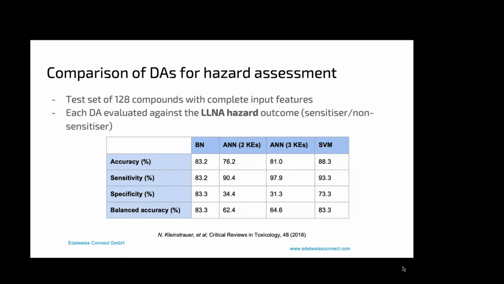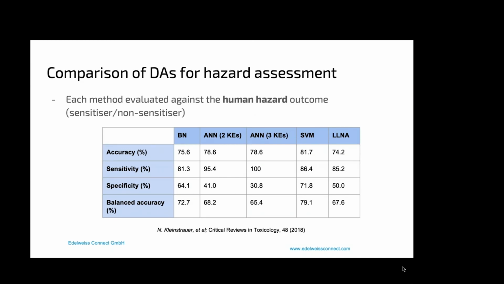But if we look also at the sensitivity and specificity, we see that Bayesian network and support vector machines are maybe more balanced than the neural networks, which have low specificity, meaning they will get more false positives. Next, we can compare these results together with LLNA to predict the human hazard, and we can see that these defined approaches that use machine learning have comparable or better performance than LLNA.